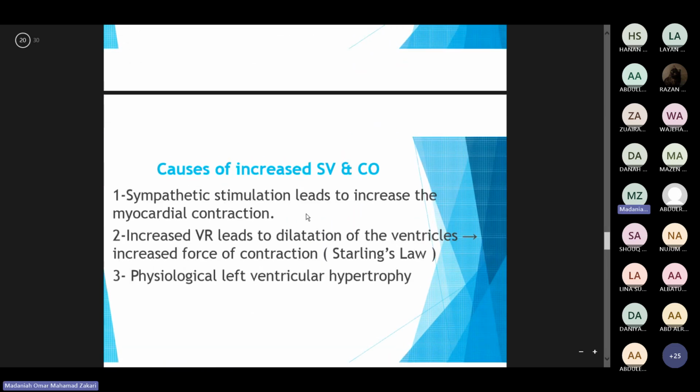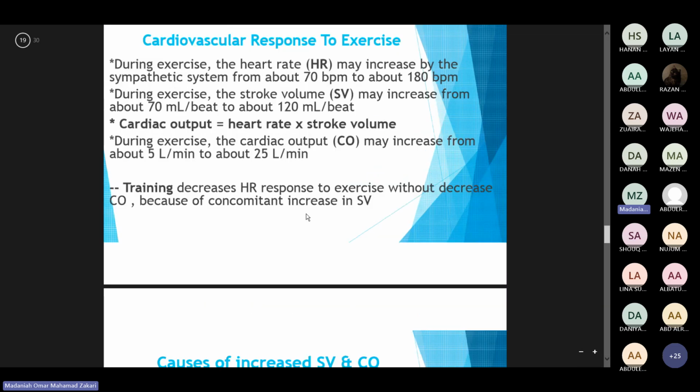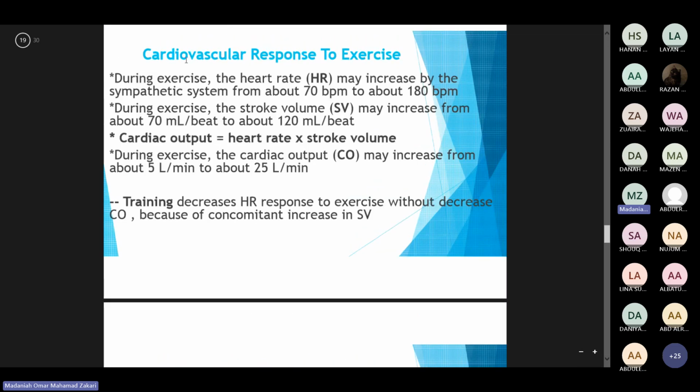I just want to add something here. We said that during exercise heart rate may increase, and the increase is by the sympathetic system. Those individuals whose heart rate increases a lot are still not adapted to exercise. So heart rate increases in the beginner during exercise activity.